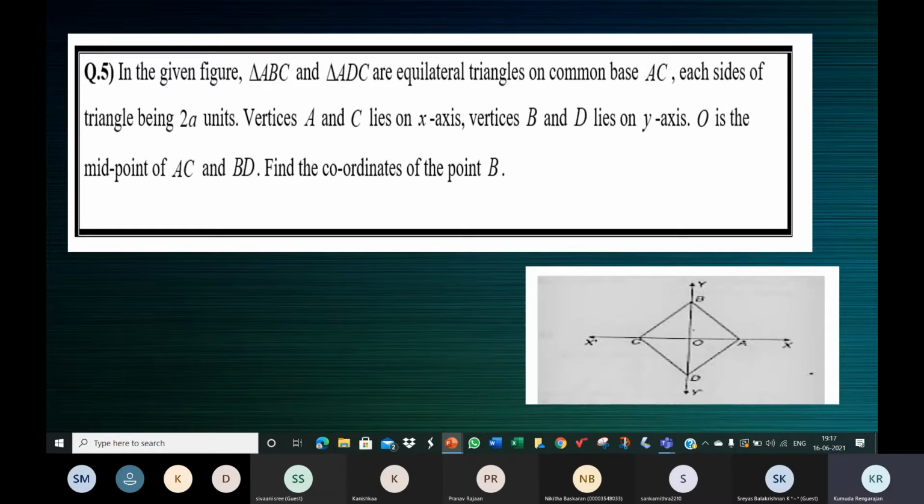Yeah, 0, comma, root 3a. Because this height, from here to here, is root 3a units. Supposing this marking is 5, then the coordinates will be 0, comma 5. Now the length is root 3a, so the coordinates of point B will be 0, comma root 3a. Because the x coordinate is 0, the y coordinate will be root 3a.